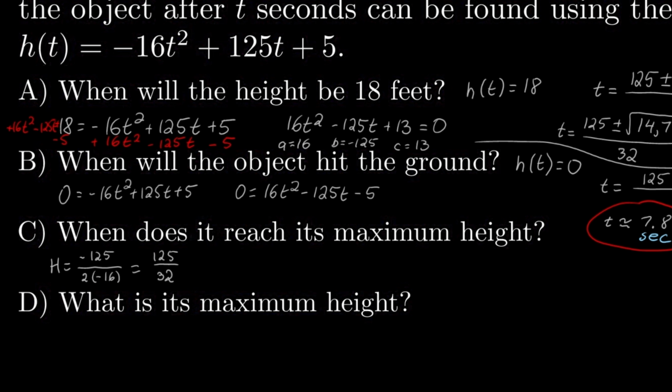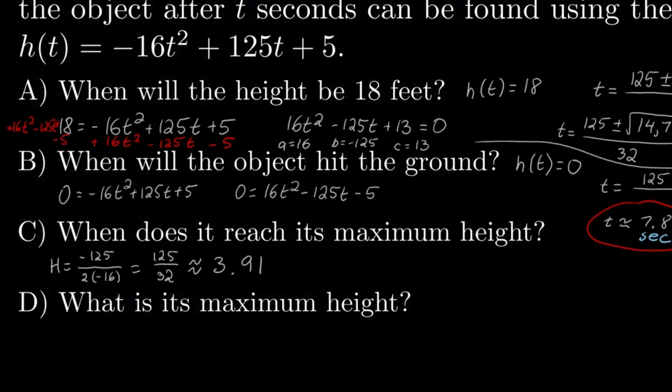Now, unfortunately, 125 and 32 have no common factors. 125 is 5 times 5 times 5, and 32 is 2 to the power of 5, so only multiples of 2. And therefore, this is our simplified form. Still, we are in a real-life situation where we need to give some approximated time, not a fraction. And 125 divided by 32 is approximately 3.91.